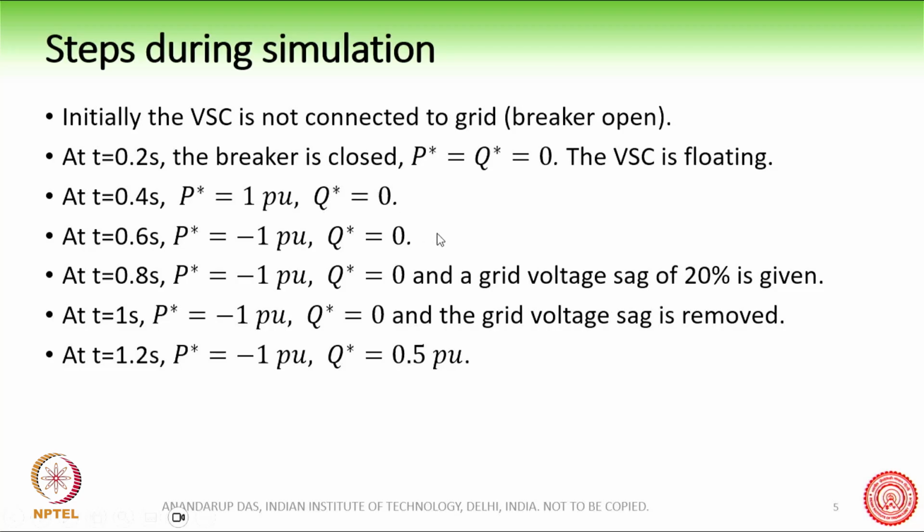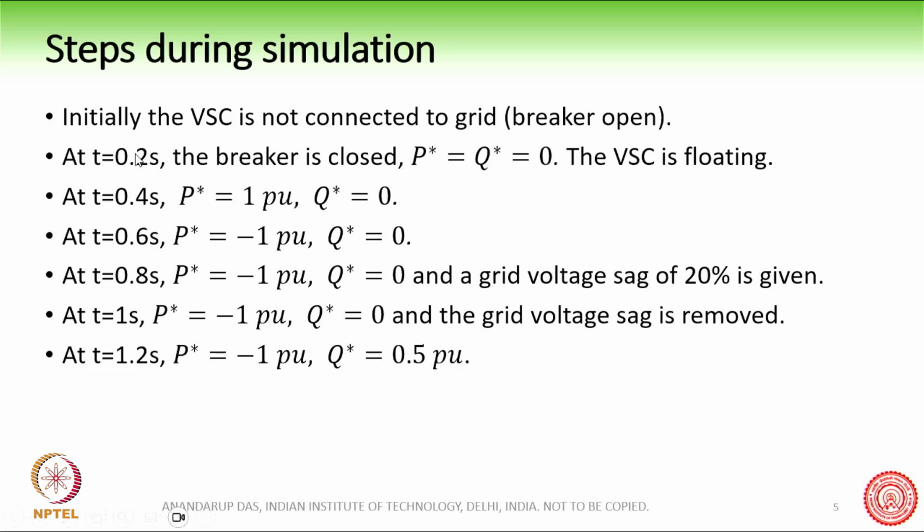So for this kind of grid connected VSC, it is important to pre-charge the capacitors. So the DC link is pre-charged and the PLL is working so that the voltage source converter starts to produce a voltage. However, it is not connected to the grid.